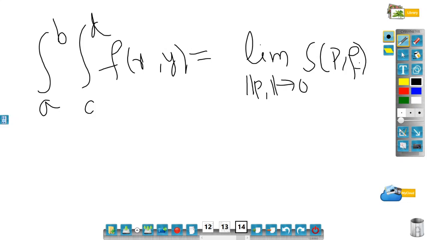Now maybe you can say this is a double integration, but norm P2 goes to 0 is not given. But you can take norm P2 goes to 0 on both sides, because the left hand side is a fixed number.